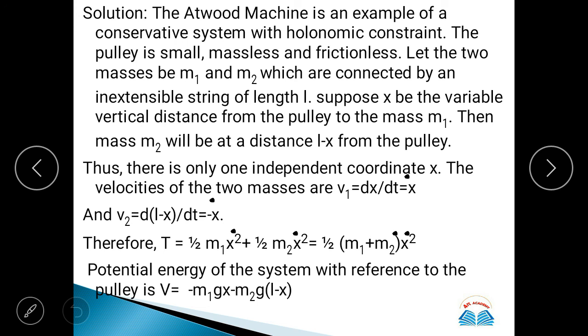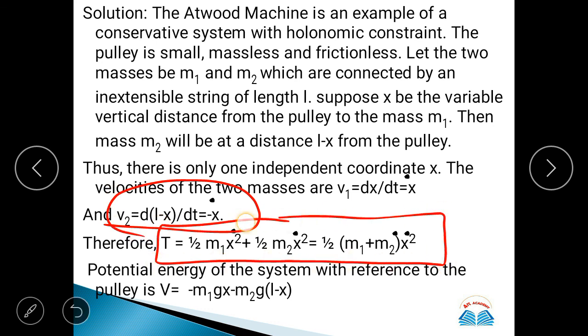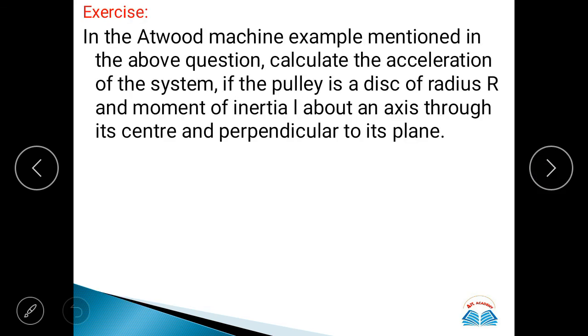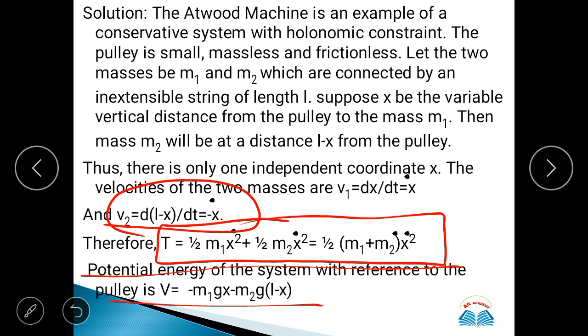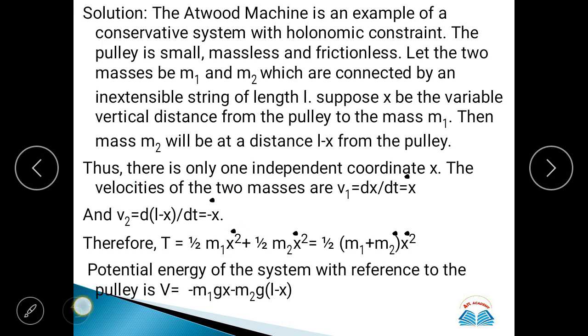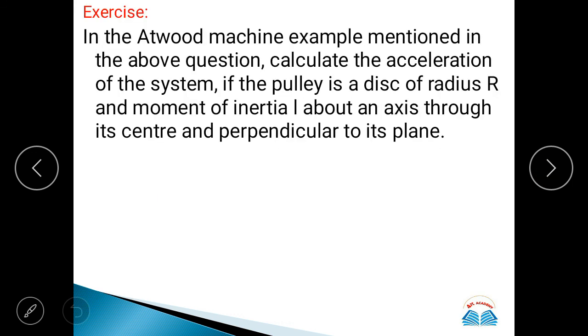Therefore we get T as this. So this is the expression we got previously, and potential energy you know already. This is how the Atwood machine can be explained thoroughly.